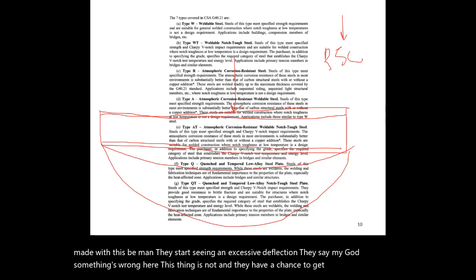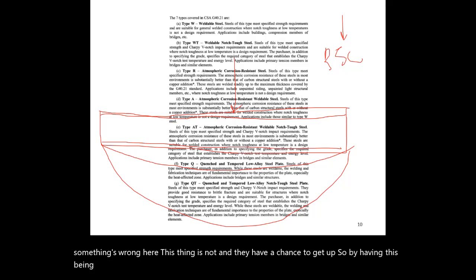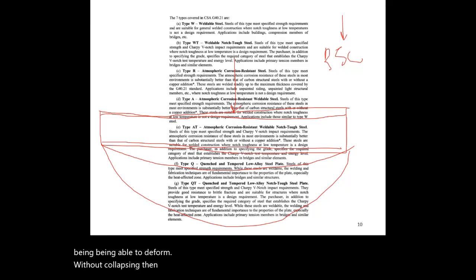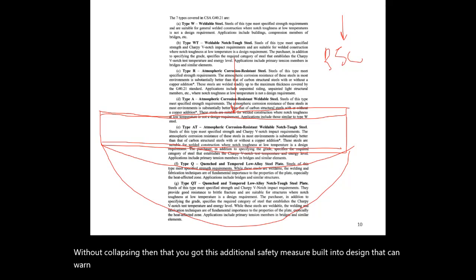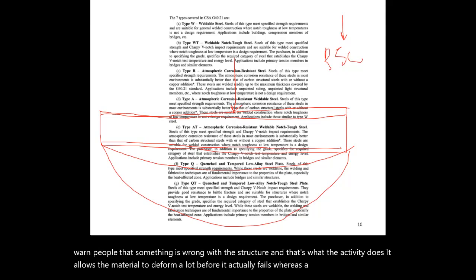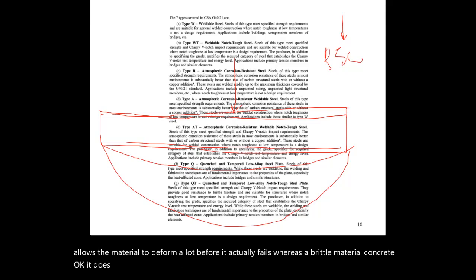So by having this beam able to deform without collapsing, you know you've got this additional safety measure built into your design that can warn people that something's wrong with the structure. That's what ductility does. It allows the material to deform a lot before it actually fails. Whereas a brittle material like concrete does not deform very much, and once it's reached its breaking point, it breaks suddenly.